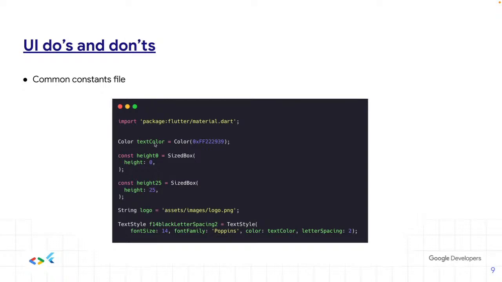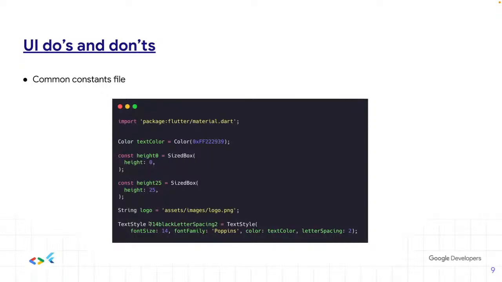So I can have a file like constants.dart, write this color statement there, then just import this file and use the text color anywhere in the application. Similar thing goes for empty containers of height 25: just use a SizedBox with height 25. And if you want an invisible container, just use a SizedBox with height 0. This is another tip which I'll be sharing later.